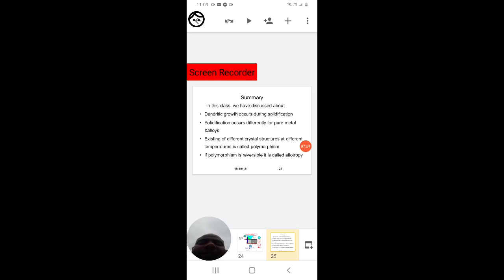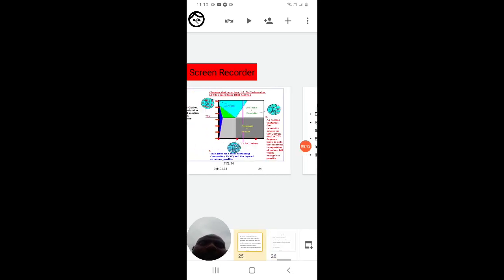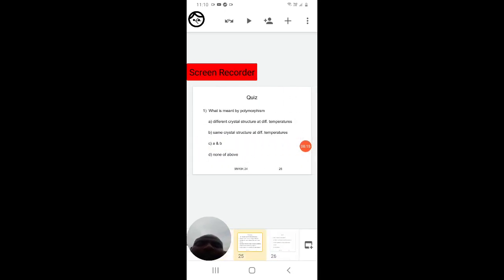Solidification occurs differently for pure metals and alloys. Existing in different crystal structures at different temperatures is called polymorphism. If polymorphism is reversible, it is called allotropy. So that is today's summary.